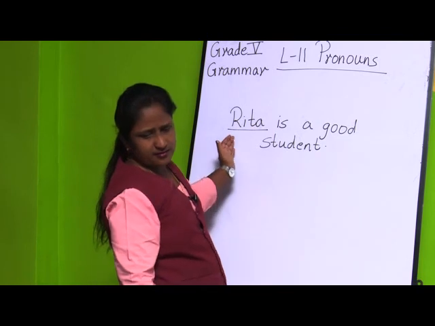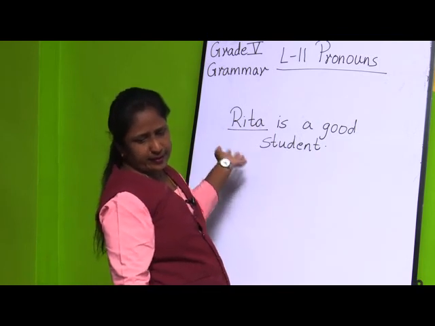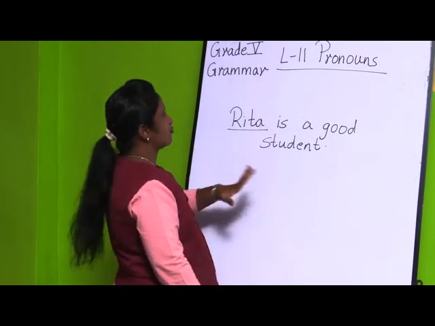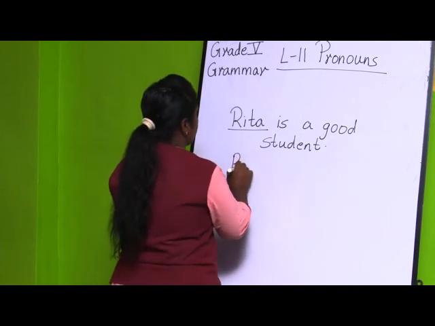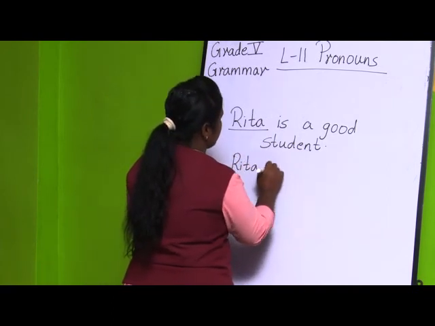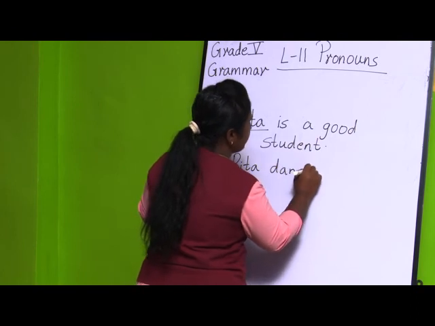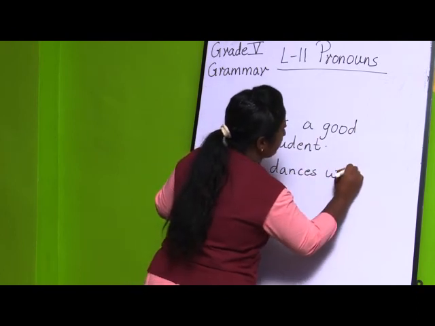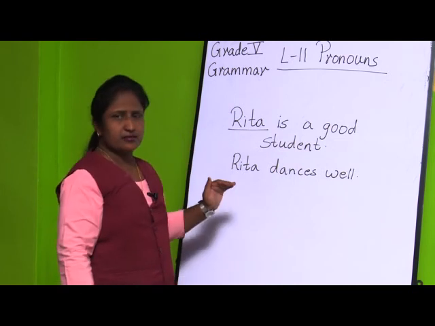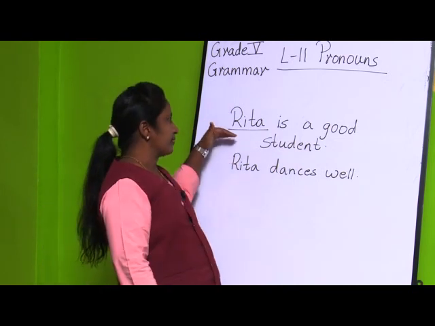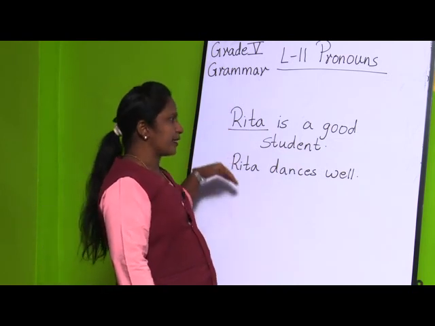If I want to write again that Rita dances well, I am telling again and again about Rita, but there is no need to use the word Rita or this particular name again and again.